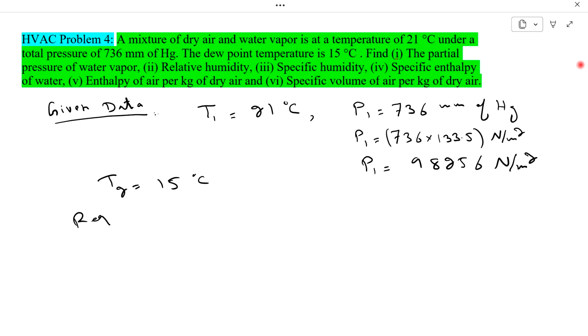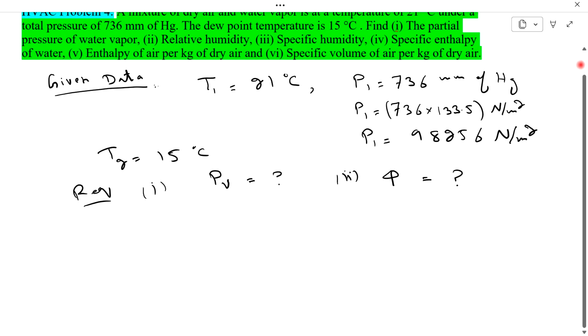Required number 1: the partial pressure of water vapor, represented by PV. Number 2: relative humidity, represented by phi. Number 3: specific humidity. Number 4: specific enthalpy of water vapor.